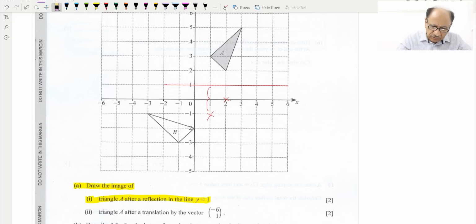Then we need to check this other point also, 1, 2, 3, 4 units from the line, so the mark will be here.